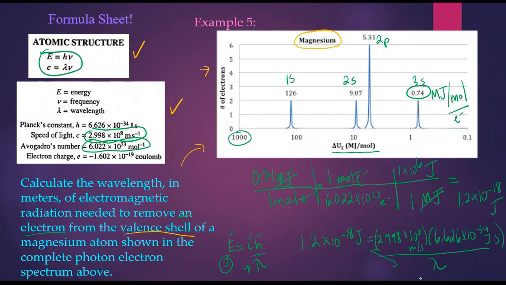The lambda comes up, the 1.2 times 10 to the minus 18 goes on the bottom, and you can calculate your wavelength. So doing those calculations, I get my wavelength, which looks like it's 1.7 times 10 to the minus 7 meters. And then that would be my answer, because I'm looking for the wavelength here.